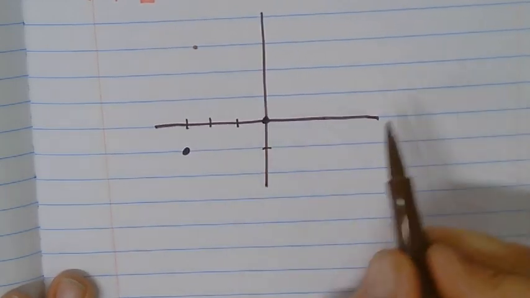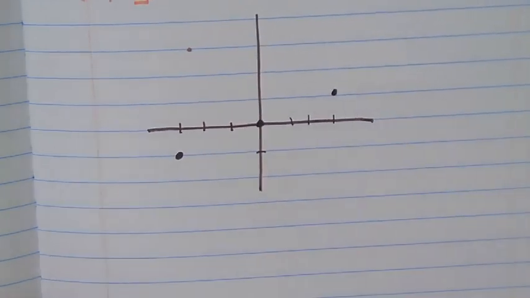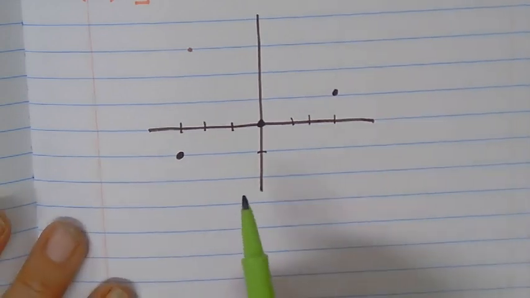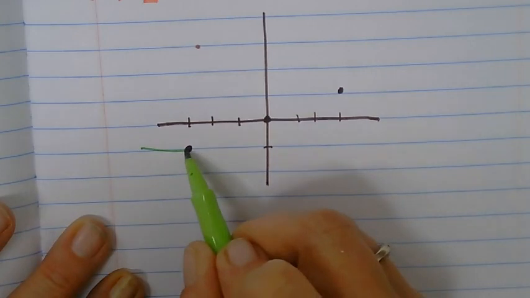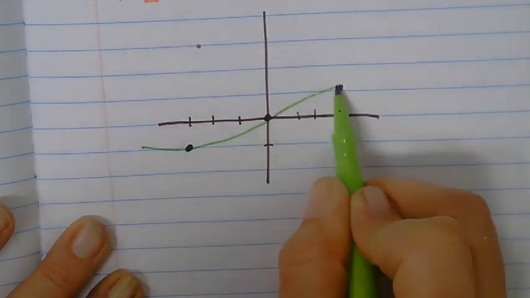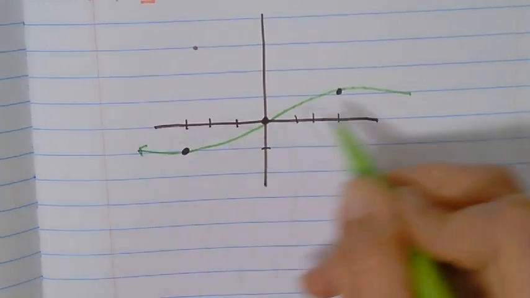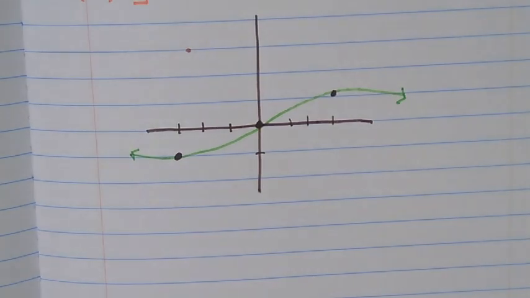We go through the origin, and then we're going to go positive 3, positive 1. It's a graph kind of like that.